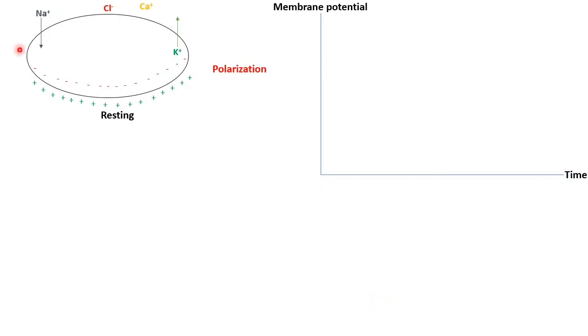And since we are measuring it inside the cell relative to outside the cell, we would start with a membrane potential that is negative in its value. Okay, so at resting state, we would start with negative 70 millivolt, and we call that potential the resting potential.